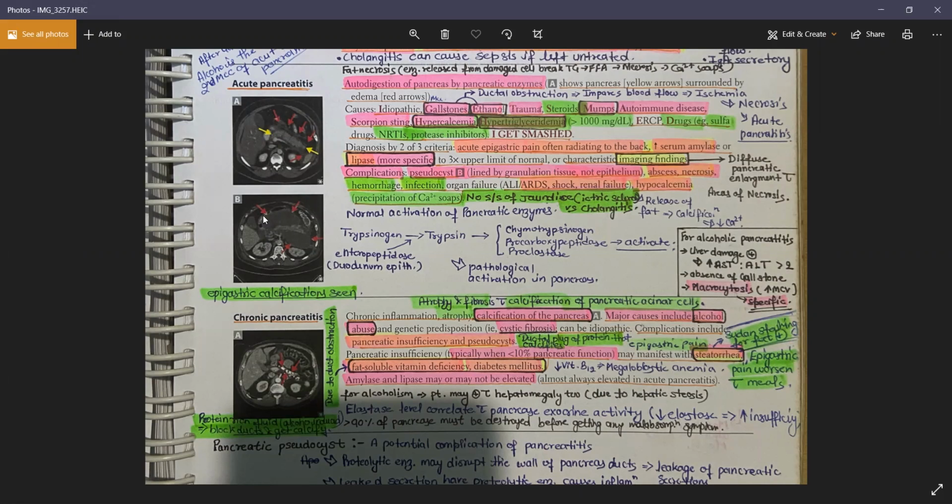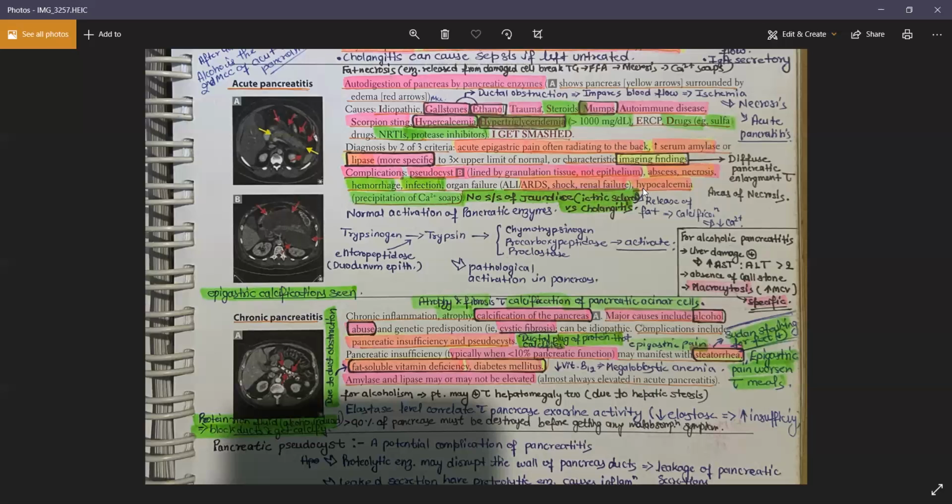This is a normal pancreas, and this is the pancreas in pancreatitis, and you can see the cyst formation after 4 to 6 weeks. A patient with abdominal pain, abdominal distension, a mass on palpation, and this cyst on the CT confirms a pseudocyst. It is lined by granulation tissue, not by epithelium.